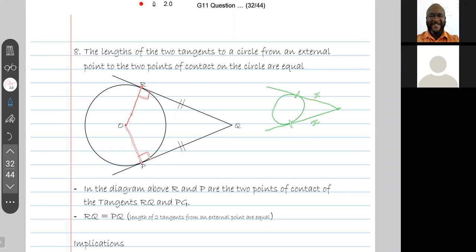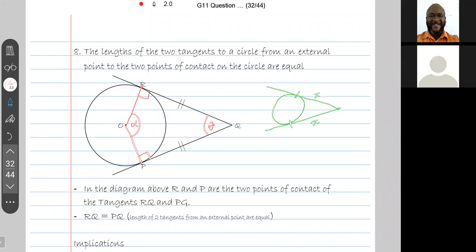You see the angle here and the angle here, they are supplementary. So if this is alpha and this is theta, alpha and theta must add up to 180 degrees. They are supplementary.